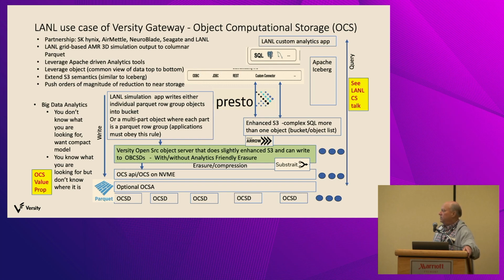We started this project, and we were looking around for an object gateway, an object server to use to write our data out, but it couldn't be an object system, because we were going to put object storage underneath it, prototype object computational storage underneath it. And so we needed sort of a shim, a gateway type product for writing the objects from the applications out to these object computational storage devices, which were on NVMe. And there wasn't such a thing exactly.